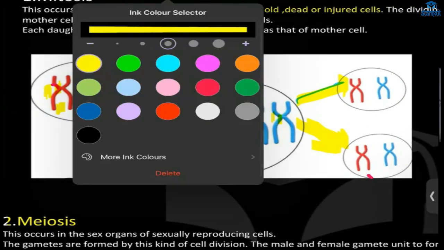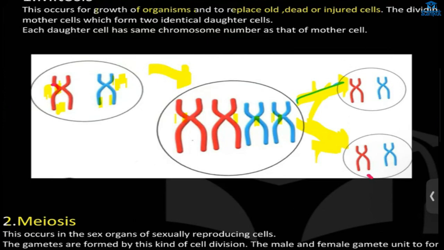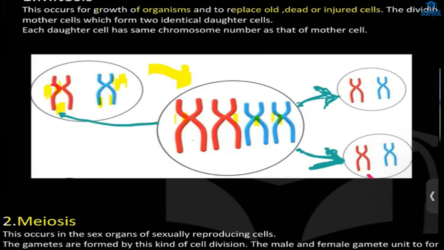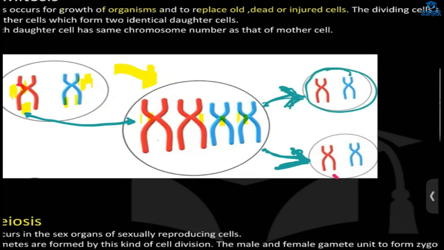Simply, this chromosome will get replicated. It forms its copy. Then it will get distributed, and it forms two daughter cells.